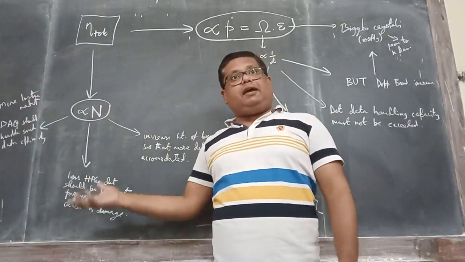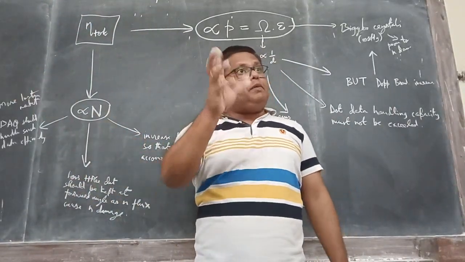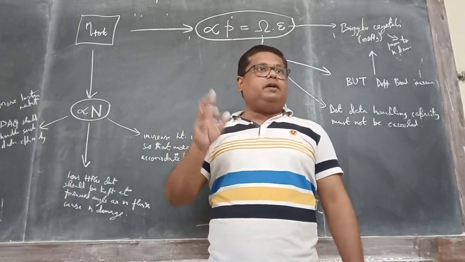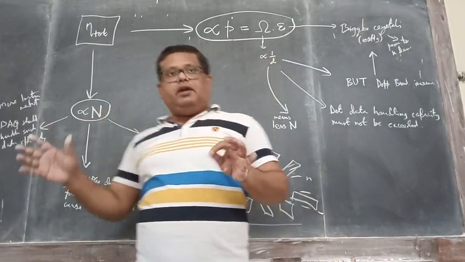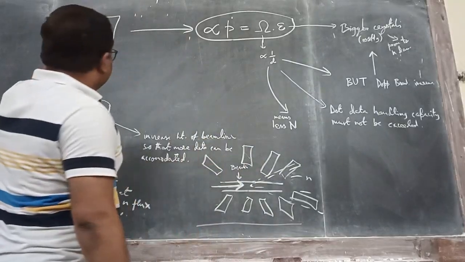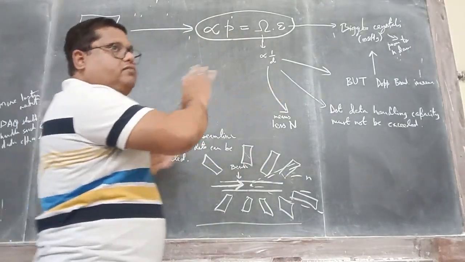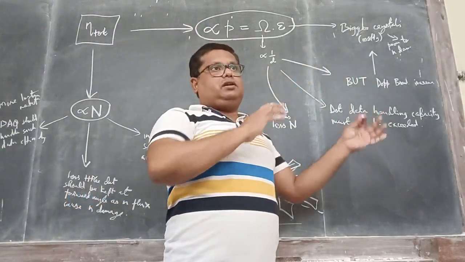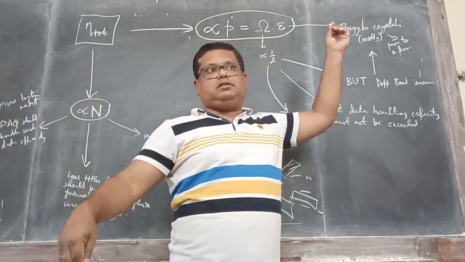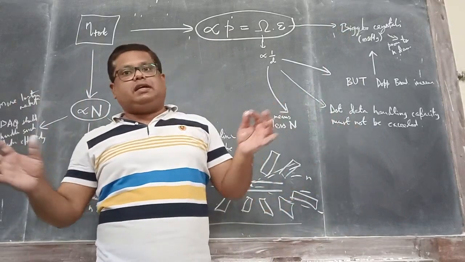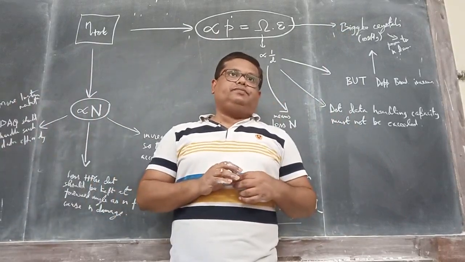So your data acquisition, DAQ, should be capable enough to handle so many detectors. So what I want to tell you, increasing an array's efficiency depends on these factors, and most of them are contradictory to each other. If you increase something, the other decreases. So you have to take all these considerations into account.